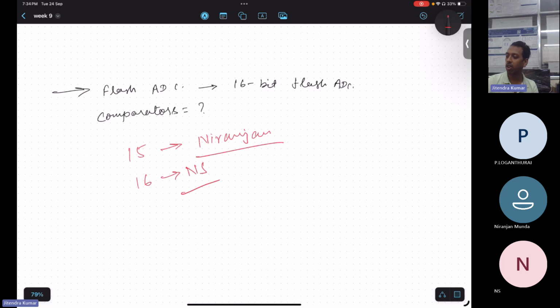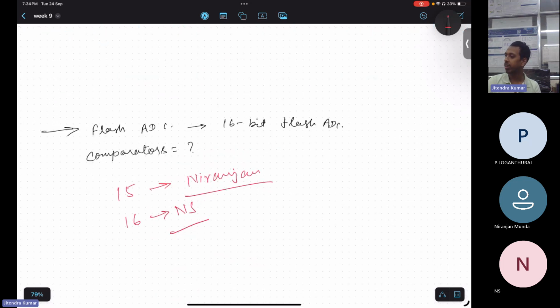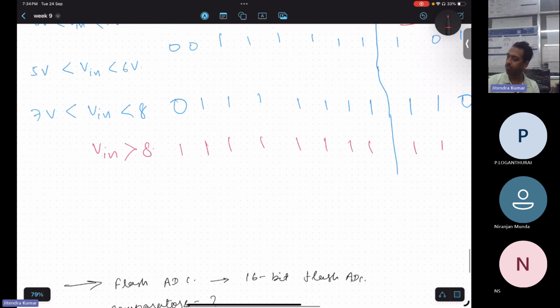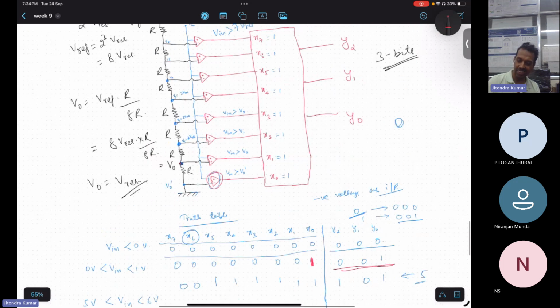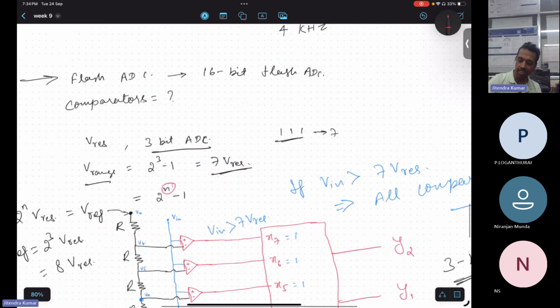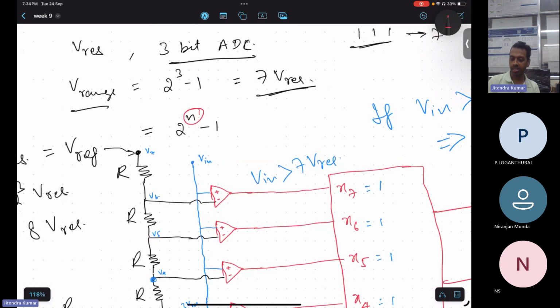In the last topic, Niranjan is typing something. You could speak as well, Niranjan, no problem. 16, right? No. See, here how many bits were there? 3 bit, right?